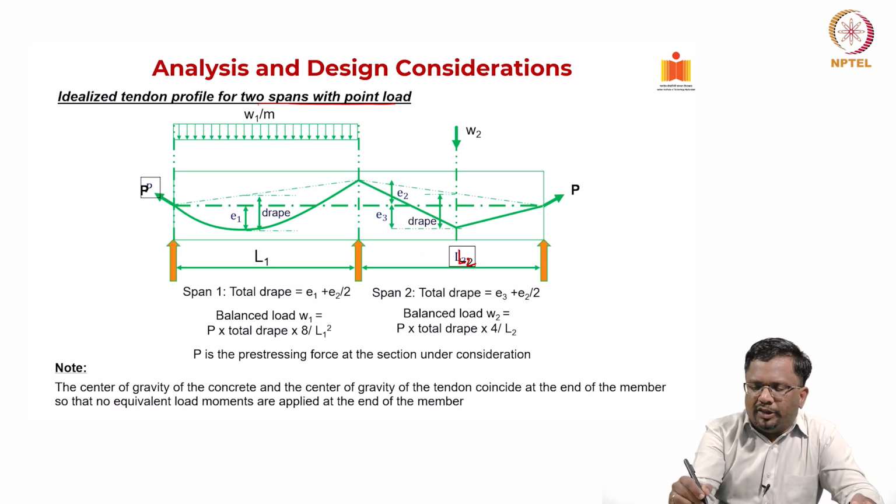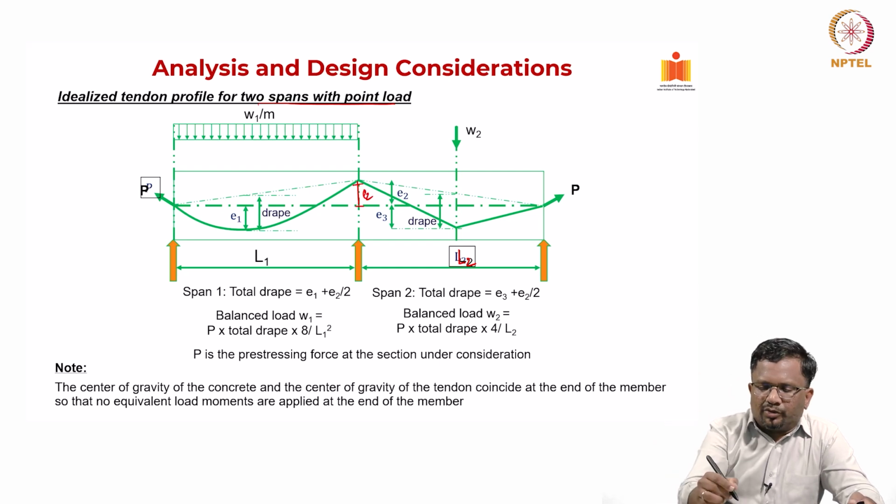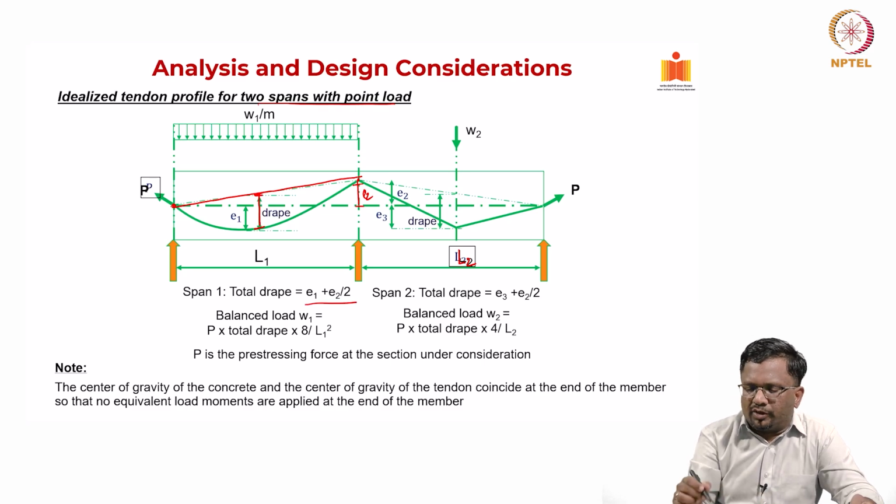It is basically E2 here and E1 here. So it is going to be E1 plus E2 by 2. The drape is measured from here to here. So I join a straight line from the end to this, and the maximum drape that is possible is E1 plus E2 by 2. So that's what you have.